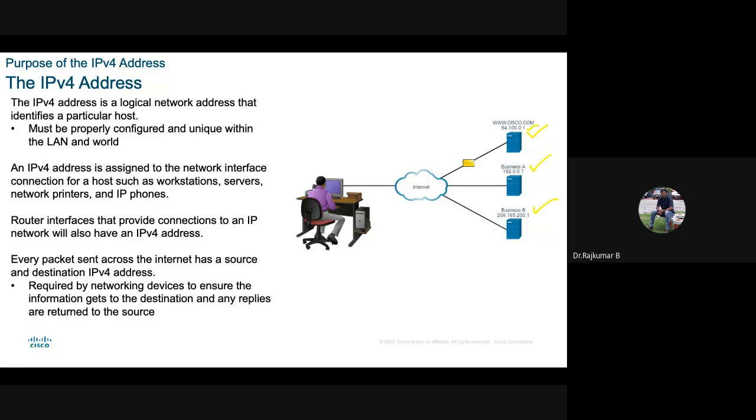To make the IPv4 address easier to understand, each octet is presented as its decimal value and separated by a decimal point or period. This is referred to as dotted decimal notation. When a host is configured with an IPv4 address, it is entered as a dotted decimal number, such as on the screen on the right side.